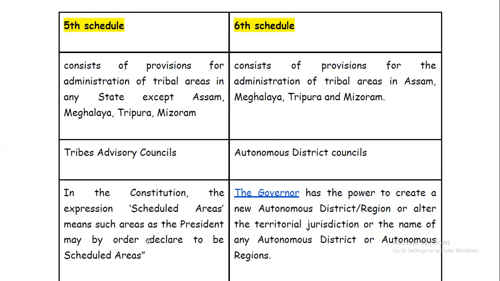Schedule area means such areas as the President may declare to be schedule areas, and in the case of sixth schedule, the governor has the power to create a new autonomous district or region or alter its territorial jurisdiction or name.